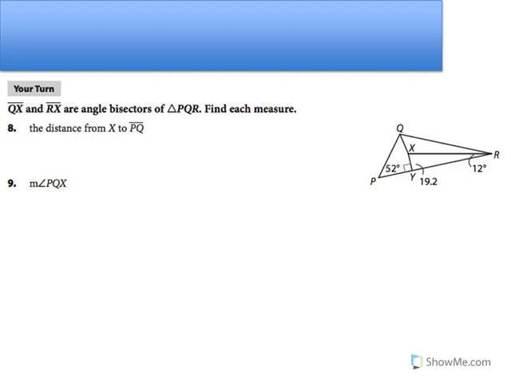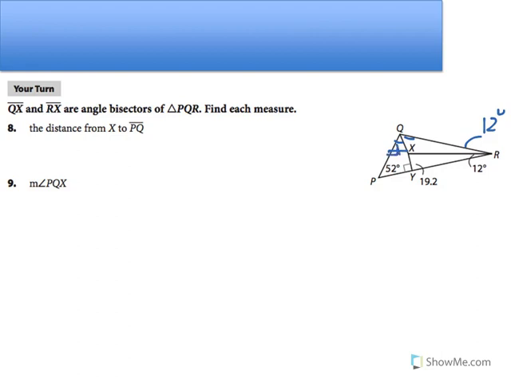QX and RX are angle bisectors, so these two angles are congruent, and these two are congruent. So this is also 12 degrees. We're looking for the distance from X to PQ, so we can draw a perpendicular there.